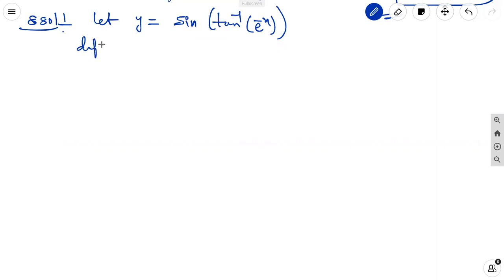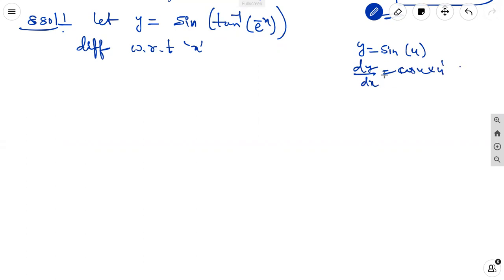Here differentiating with respect to x. Here just like y equal to sine u, again u equal to something. Just we can do that. Here dy by dx means sine differentiation cos u into u dash. How we are taking the chain rule, the same thing.